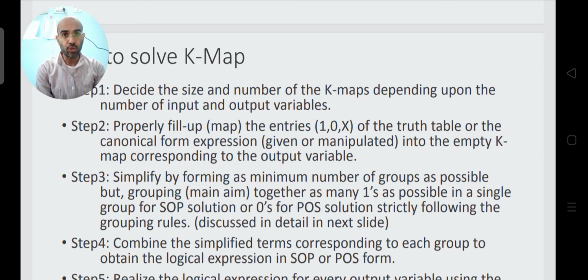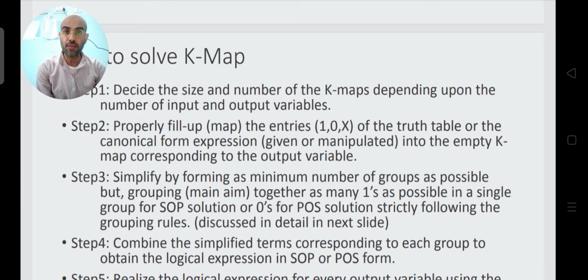Now, I have talked about the two entries, but there is also the third entry, which is called don't care. Don't care is used in situations where you don't know whether that term is present or not, or the term is an illegal term. The example is the BCD code. If you want to convert a binary or decimal number to BCD, we use the first 10 combinations from 0 to 9, and the 6 remaining combinations are illegal codes.